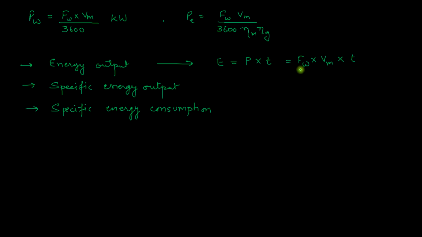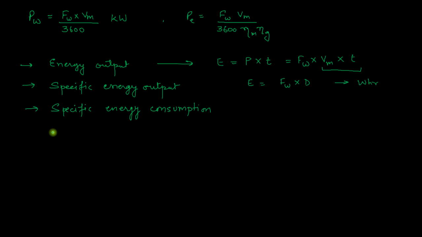Now I have the formula for energy, which is equal to Fw times Vm times T. I can further solve this because Vm into T will be nothing but D. So I will get E is equal to Fw times D, where D is the distance. So the energy output is equal to the tractive force times the distance, and its unit will be watt hour.